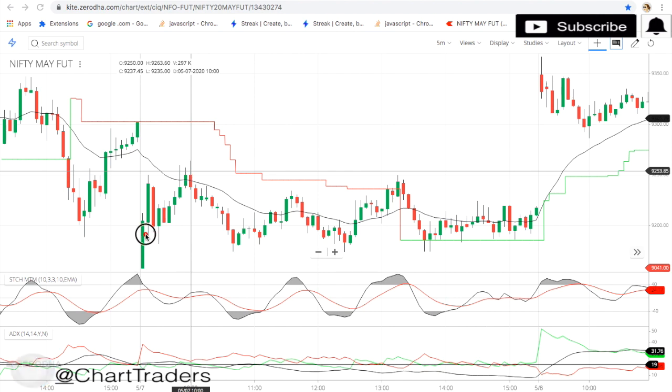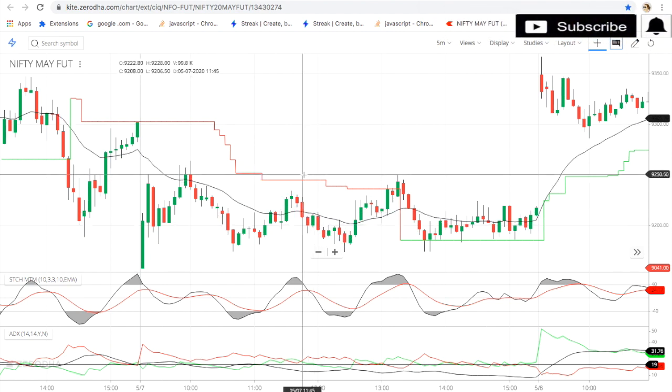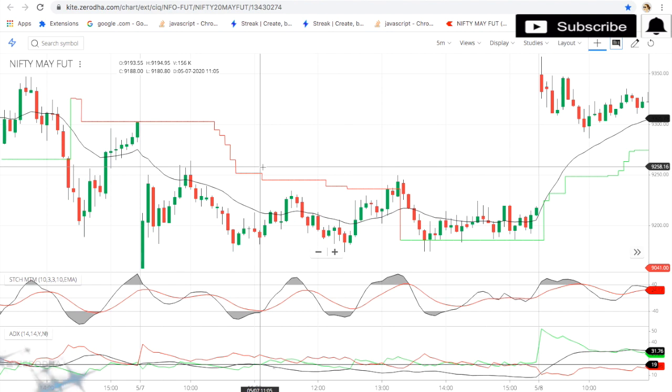So at this point we are selling but it goes up, stop loss triggered. Again here we are selling, stop loss triggered, again here we are selling when the crossover happened and we have achieved some profit.